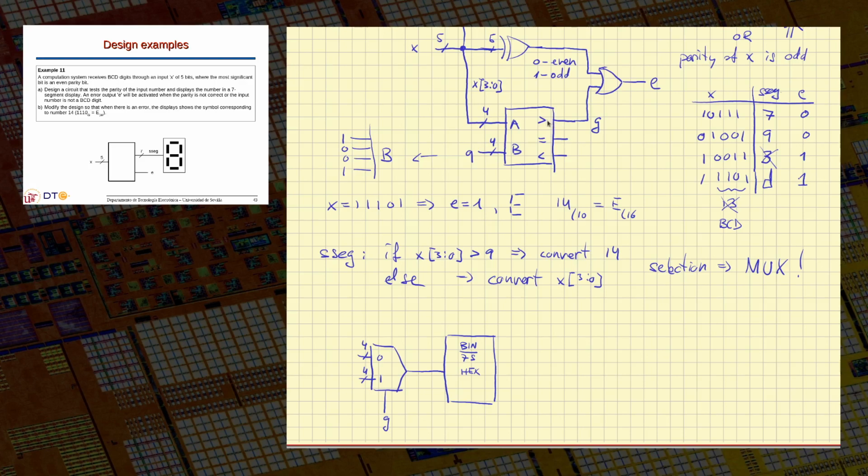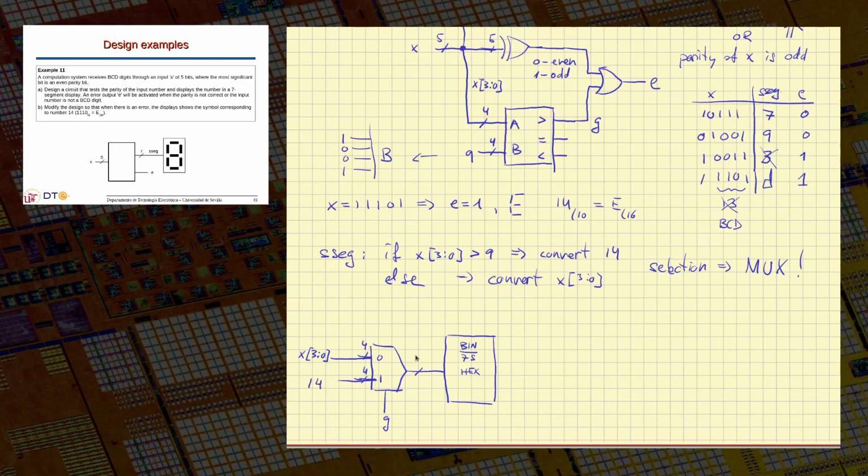So it's not a problem, okay? In this case, I connect the original signal, X3 to 0. But if this signal is active, it means that there's an error here. So I here put number 14, represented with 4 bits.